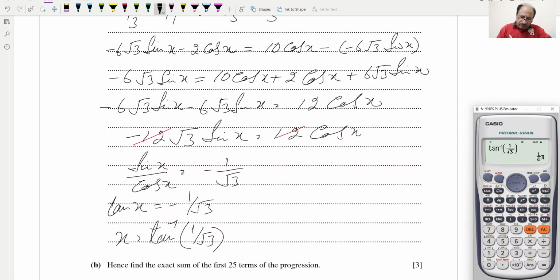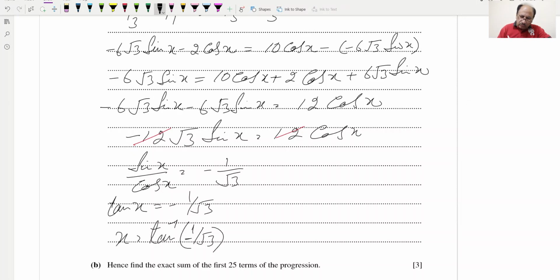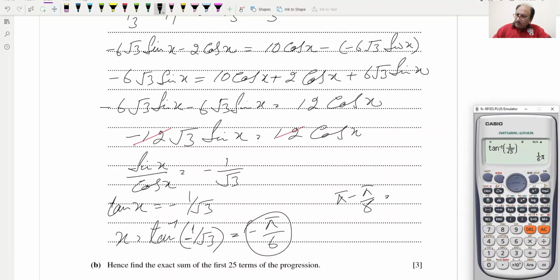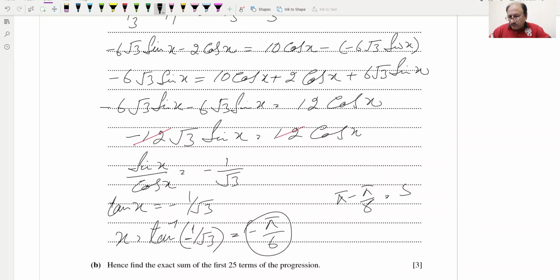So basically this was minus also, so it will be minus pi over 6, and the next value will be pi minus pi by 6, that will be equal to 5 by 6 pi, and this will be our answer.